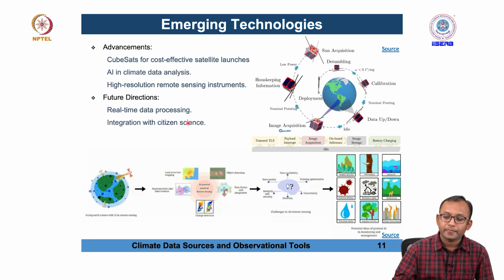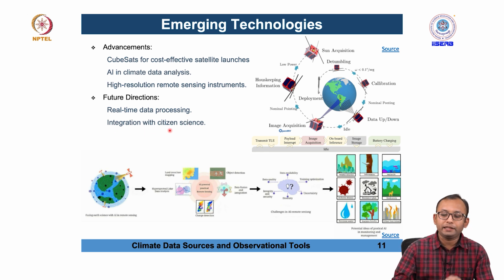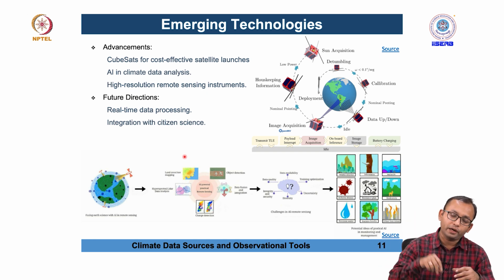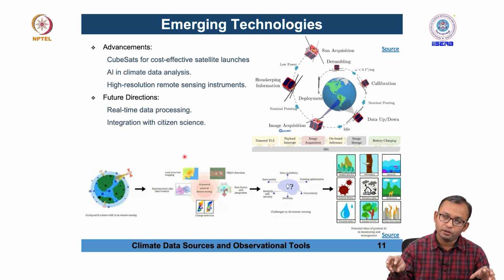Then in the future direction, people are also working on integrating citizen science. Basically they are including multiple different sources of data from local records, or let us say ground observations, from multiple people also.